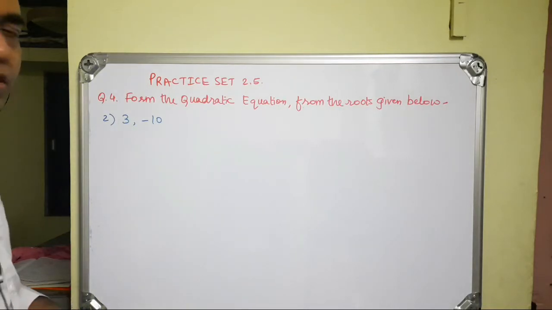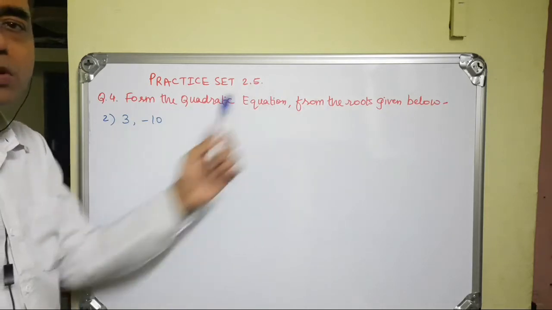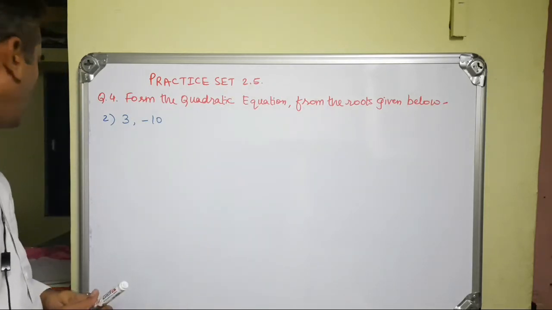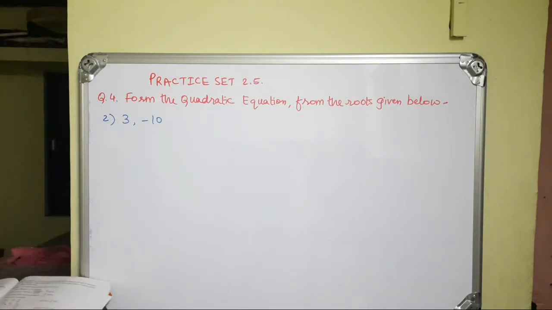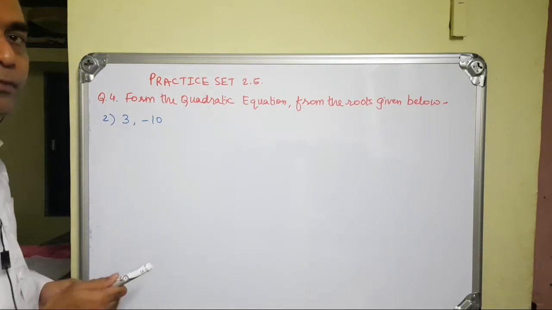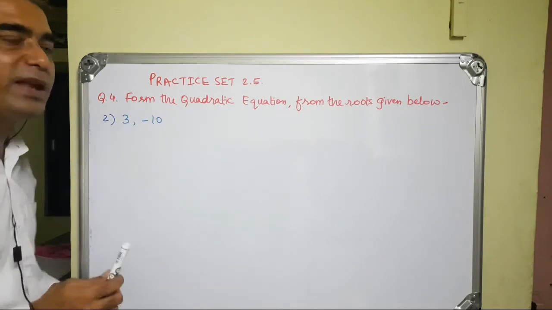Now the fourth question is, form the quadratic equations from the roots given below. Two roots are given, that is 3 and -10, and we have to form the equation. How to form that equation?